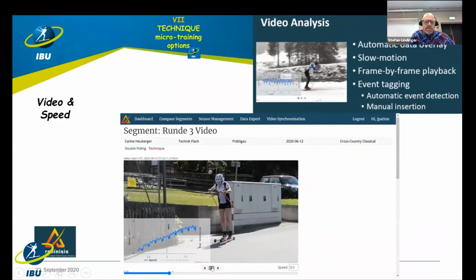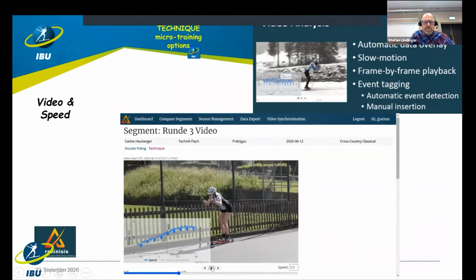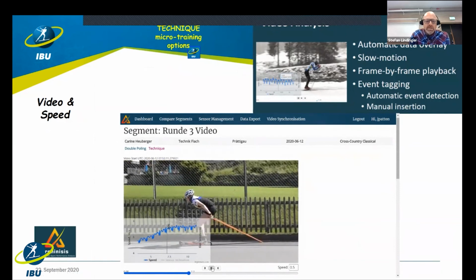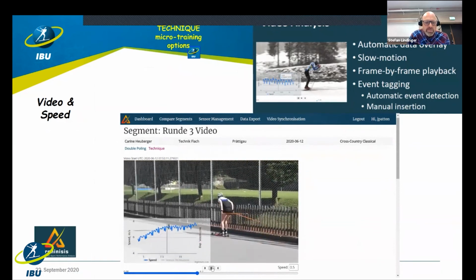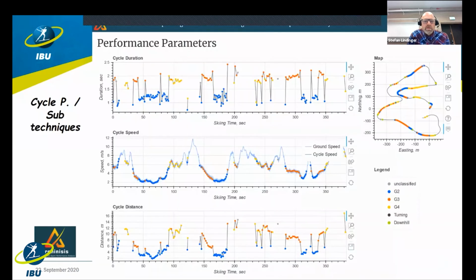That's very interesting. It's combined video with a speed curve here at the bottom. So you have a technique analysis plus speed development depending on the technique level. Very important. And this is a cycle characteristics graph with cycle duration, cycle speed in the second, and cycle distance, cycle length.